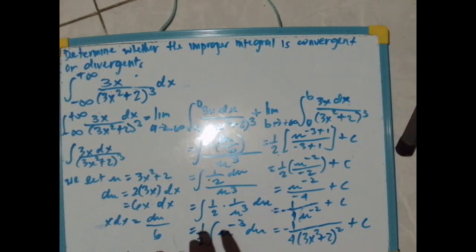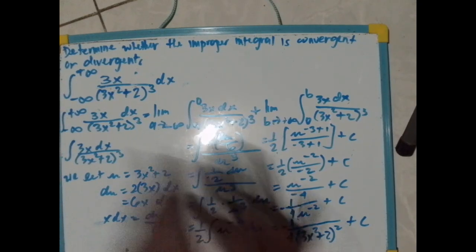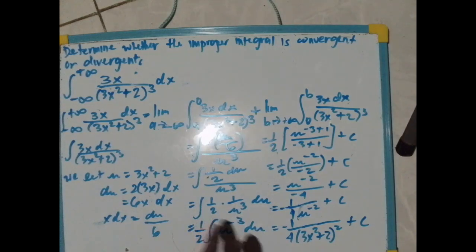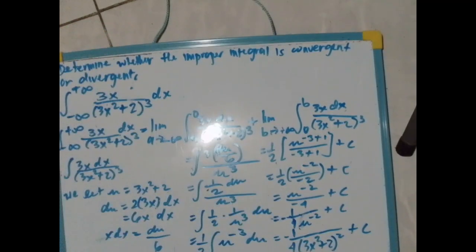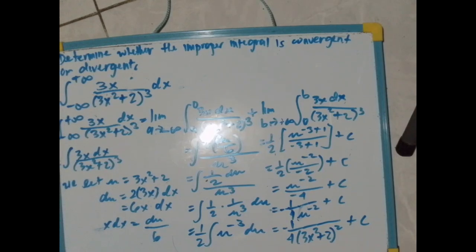So now we can get the reciprocal of the denominator and multiply it to the numerator. So we have the integral of 1/2 times 1 over u raised to 3 with respect to u. We can take the constant 1/2 outside the integral, so 1/2 times the integral of 1 over u raised to 3, or we can write it as u raised to -3 du.